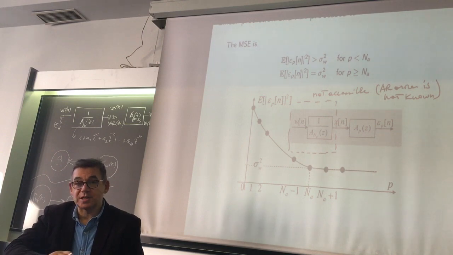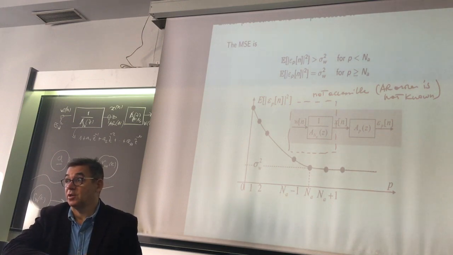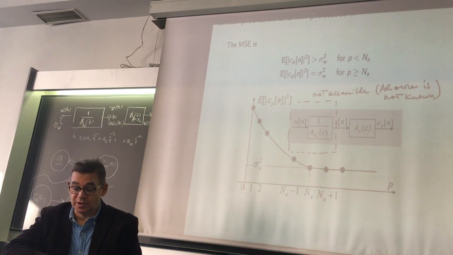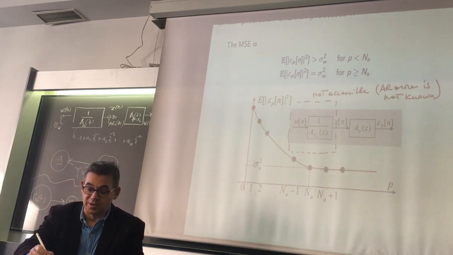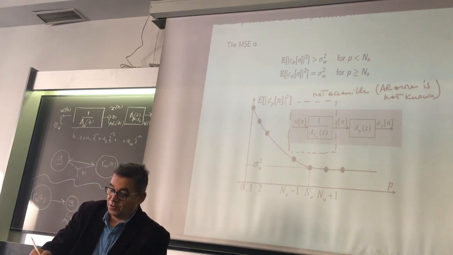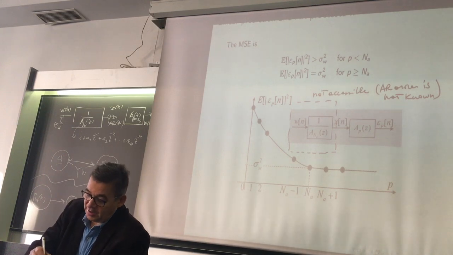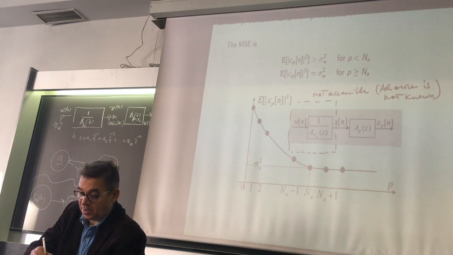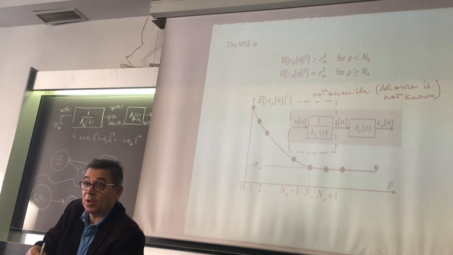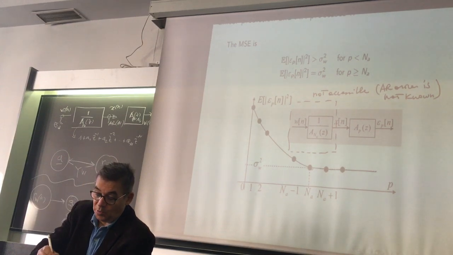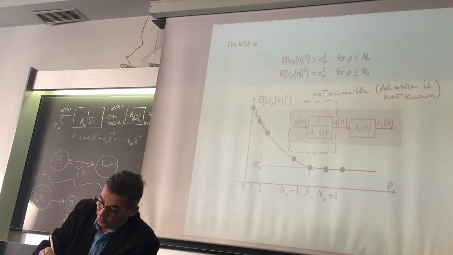Now, do not expect to see such a nice plot, of course. Do not expect that the points are so clear, and that increasing the linear predictor up to a certain point it gets flat as in this plot. When you are in a numerical or practical setting, what you expect is that these are fluctuating.